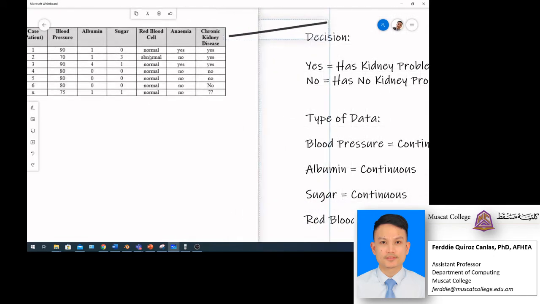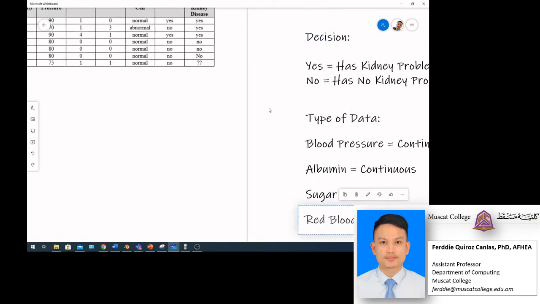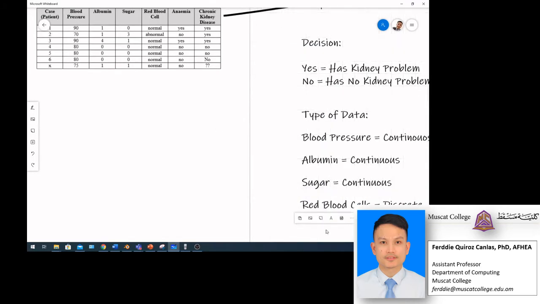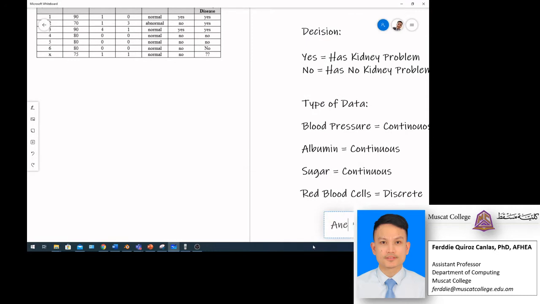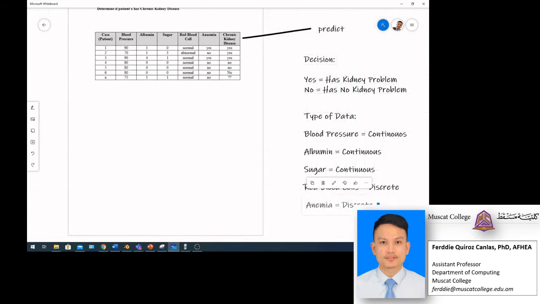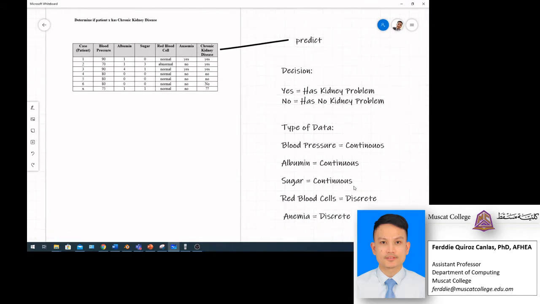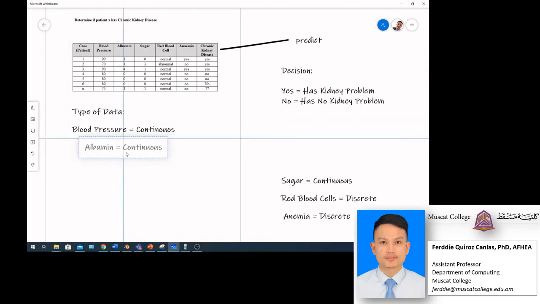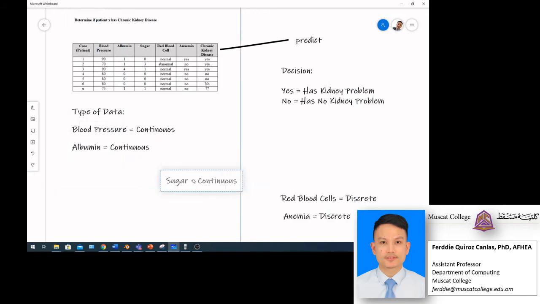Either the patient is having normal or abnormal red blood cells. And then also for anemia, what kind of data are we working with? It is also discrete. Okay? So these are the types of data we'll be working with in this problem. So please make note of this. These are very important on the choice of formula we're going to apply for this calculation.